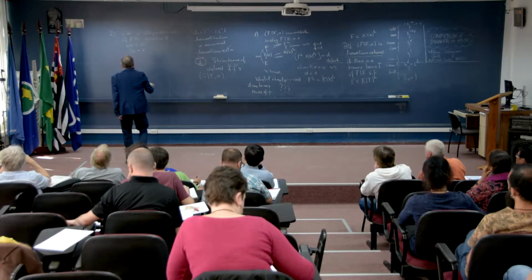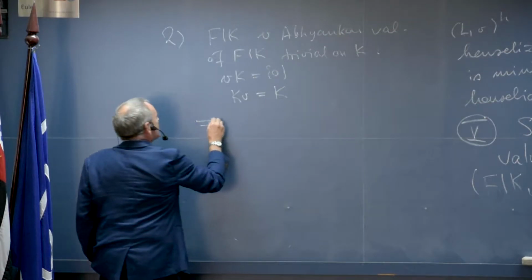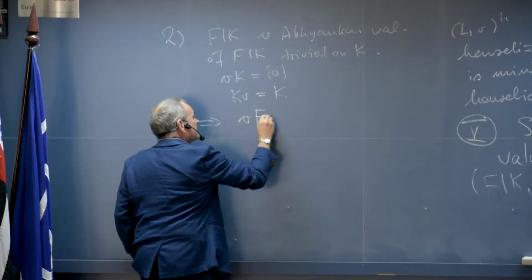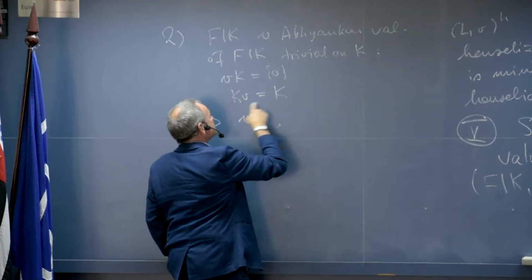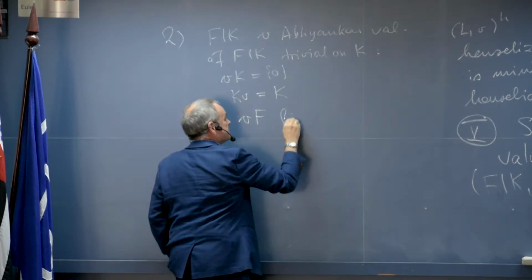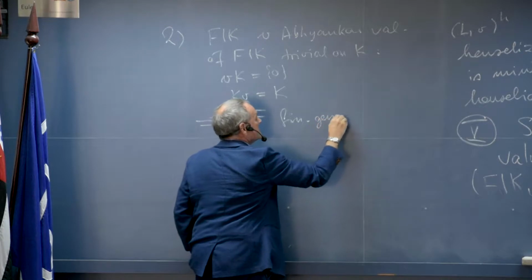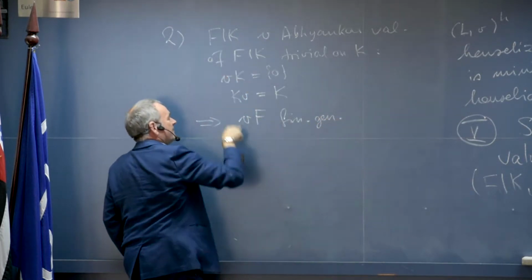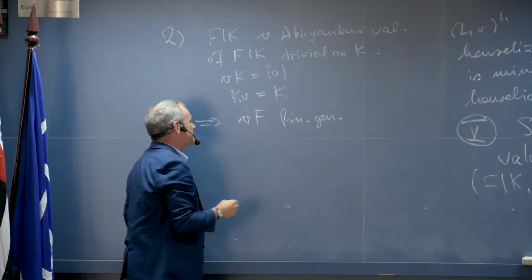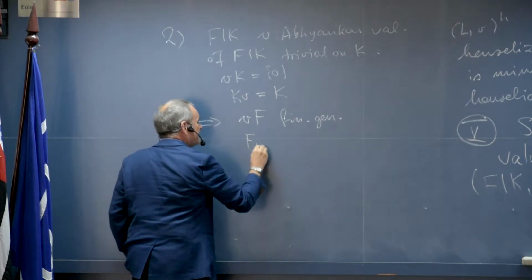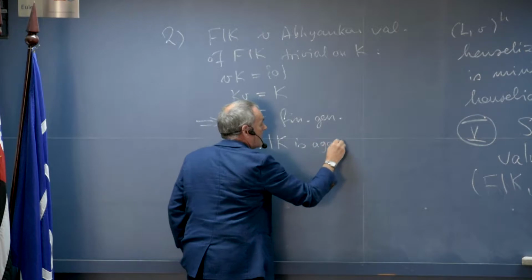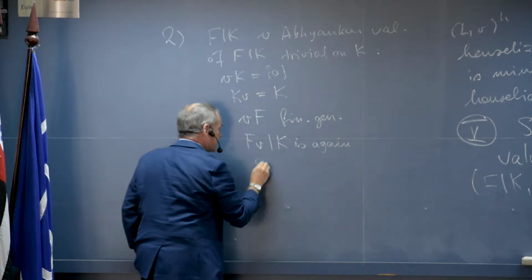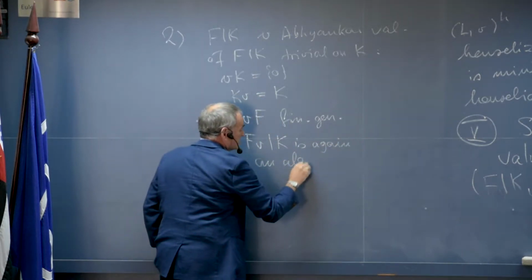Which gives us here that V of F is finitely generated, and also this here is finitely generated. So let me say here finitely generated, and that the extension of Fv over k is finitely generated means that Fv over k is again an algebraic function field.